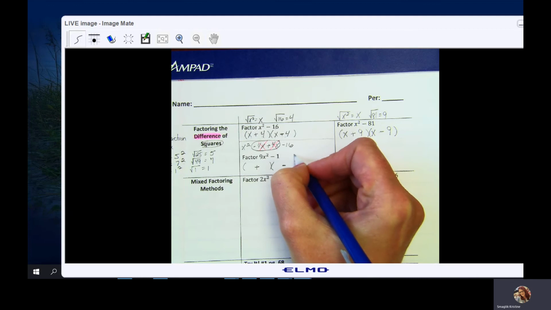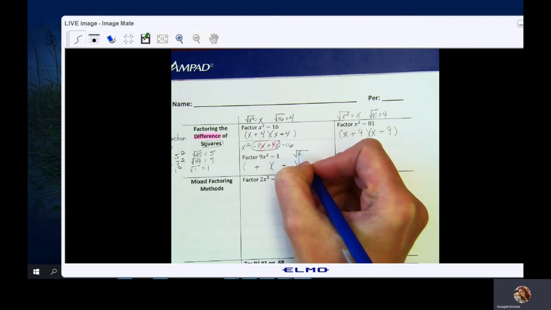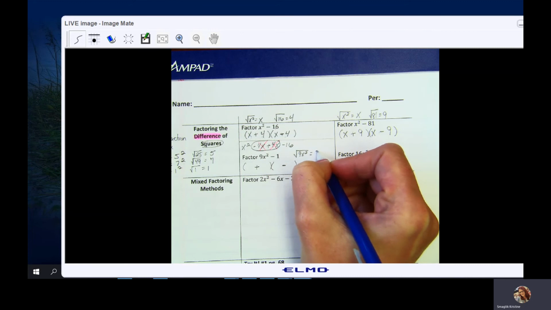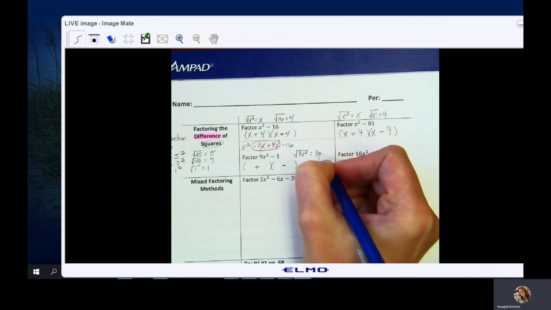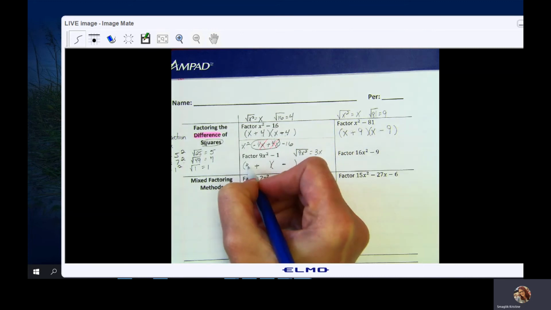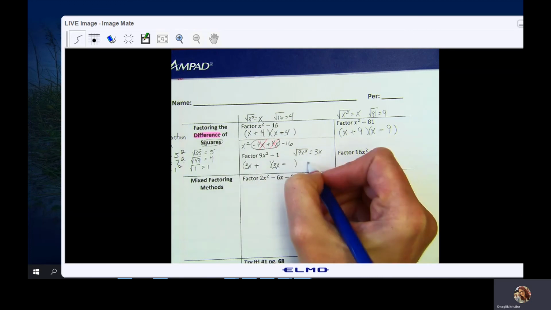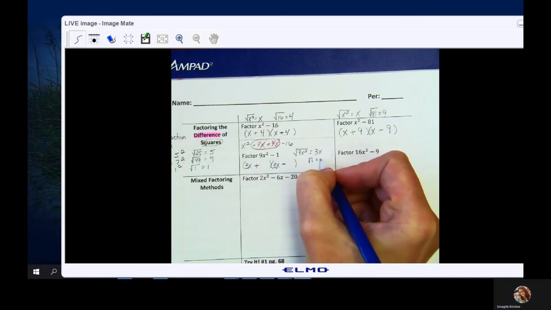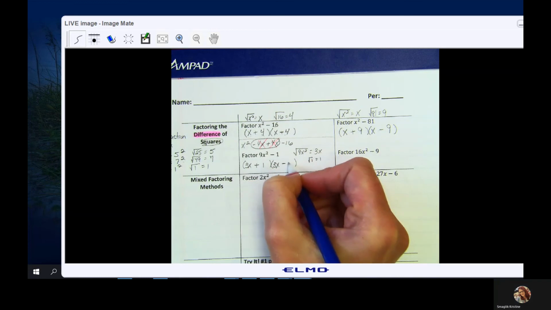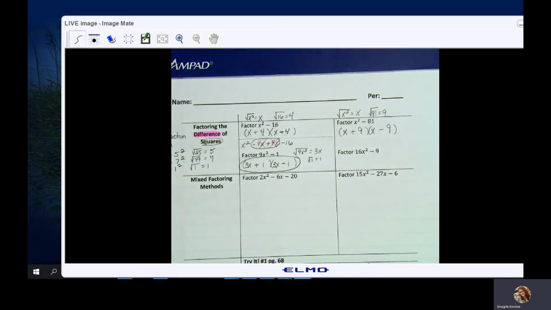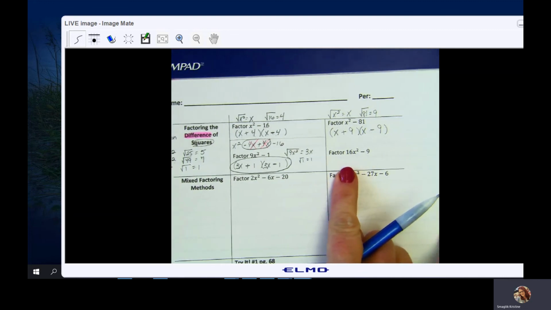The square root of 9x squared: square root of 9 is 3, the square root of x squared is x. So I drop a 3x in. And the square root of 1 is 1. So there's my answer.